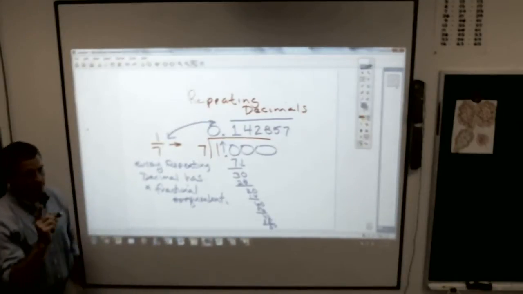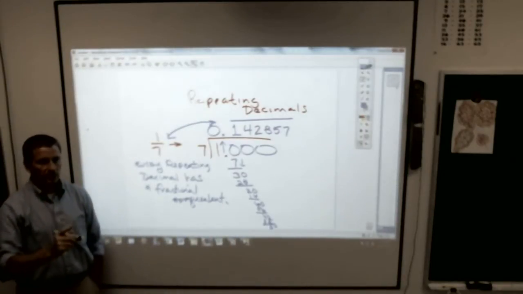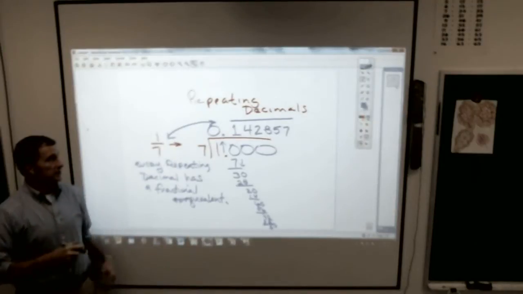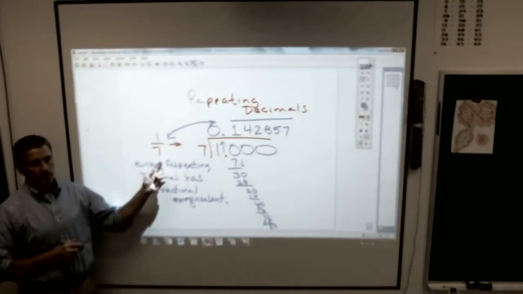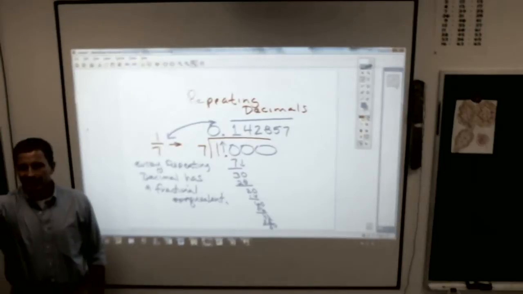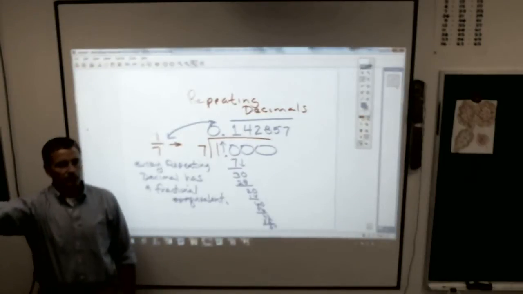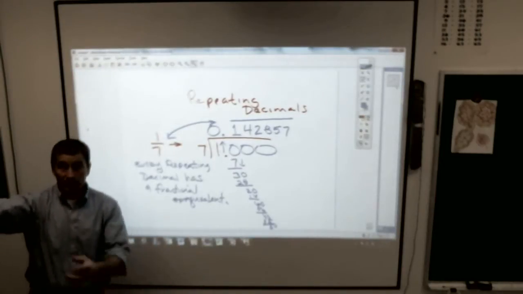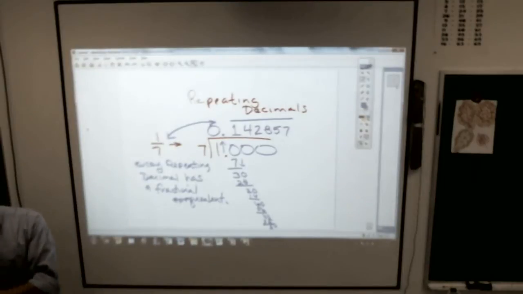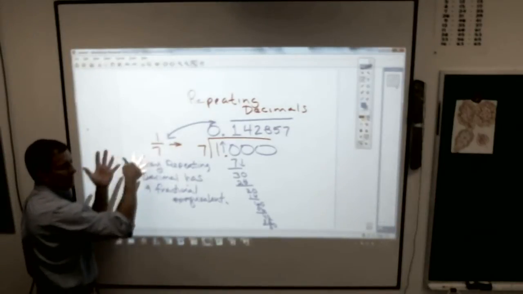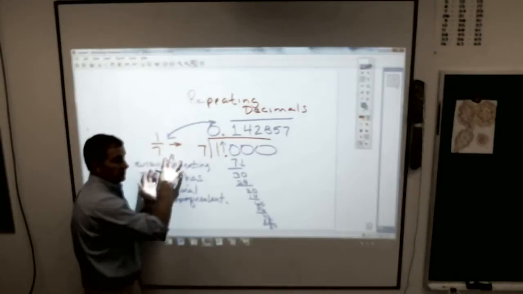Okay, if it is a repeater, you can change it into a fraction. If it is not a repeater and it goes on forever, you cannot. That's why that is irrational, and this is rational. Every repeater is rational.